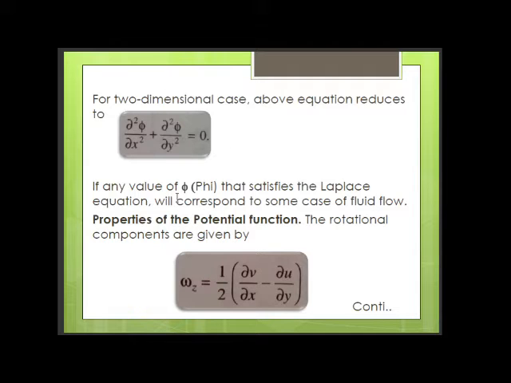The terms indicating the velocity potential function in the z direction are neglected here. Only the x and y direction terms remain in the equation. This is the equation for the two-dimensional case. Any value of phi that satisfies this Laplace equation will correspond to a possible case of fluid flow.